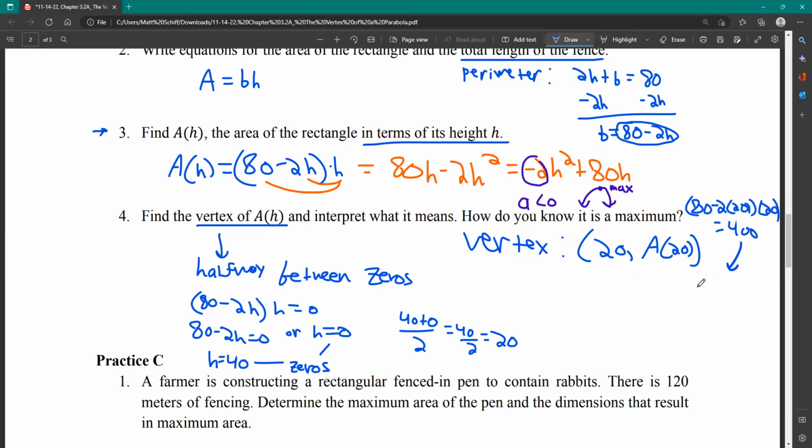And 400 is the maximum area. 400 meters squared, I should say. Did I do that right? My apologies, 800. I had no idea how to do math. 800 meters squared, that is the maximum area.